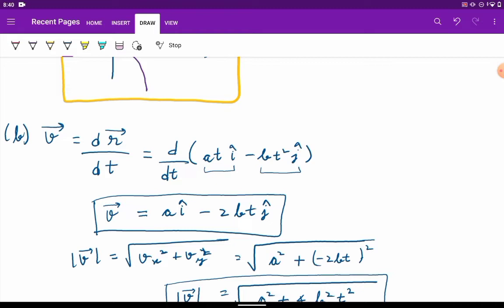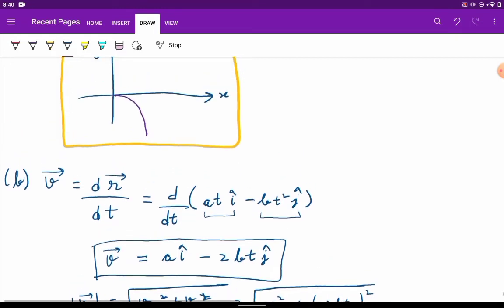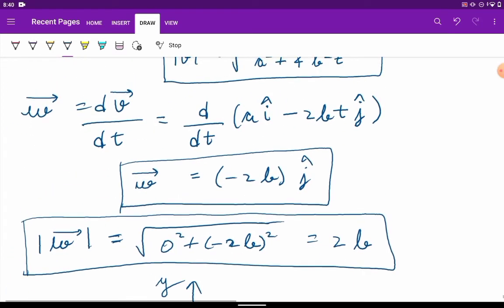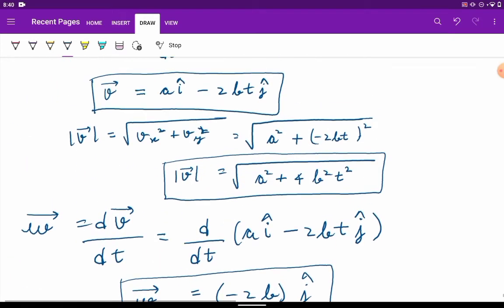But it's always better to first check if the angle can be found in a simpler way before going on to do the dot product. So in this case, the V vector is a i cap minus 2bt j cap. So the x component is positive and the y component is negative.